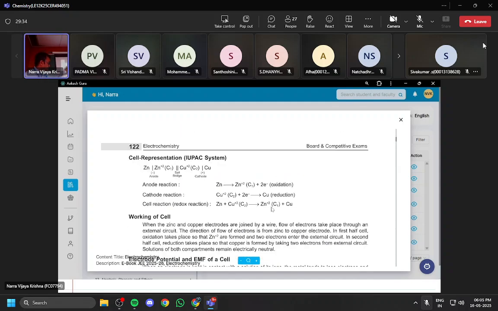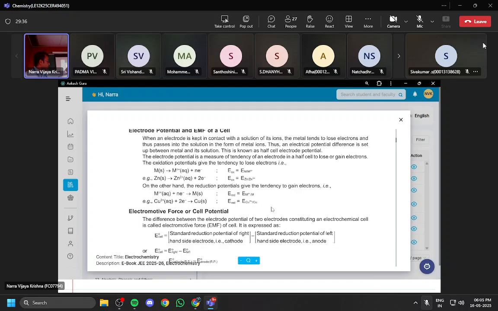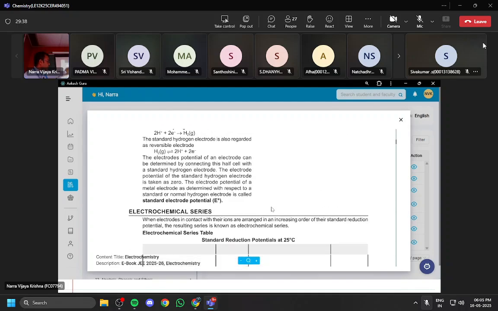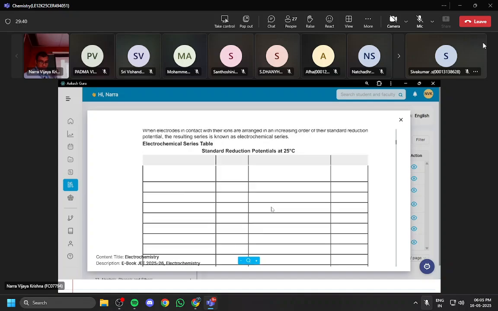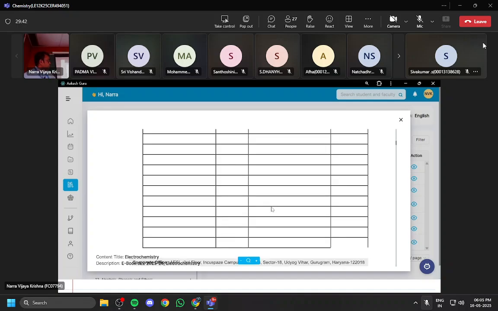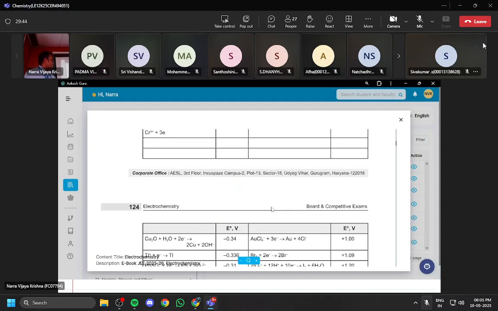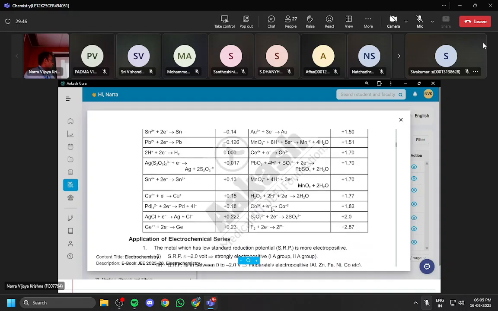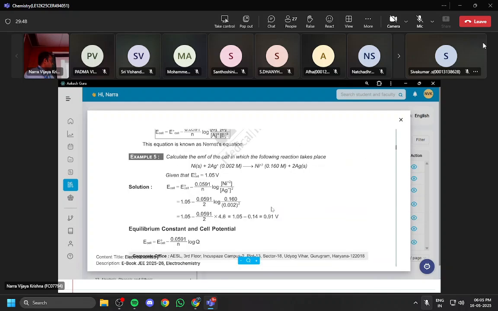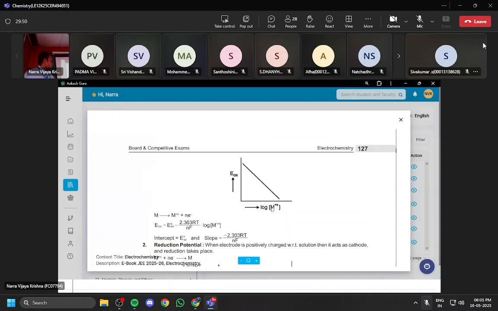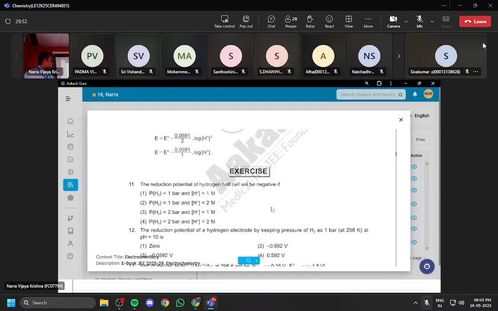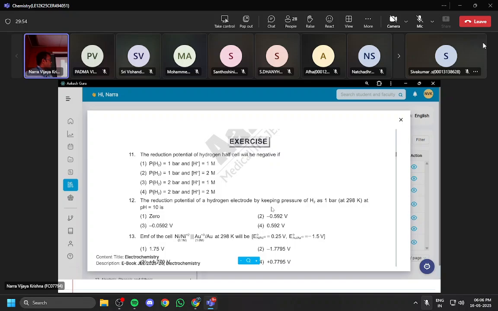Did we discuss this at this point? Cell representation, working of cell, all these things are done, right? So let me solve this exercise.